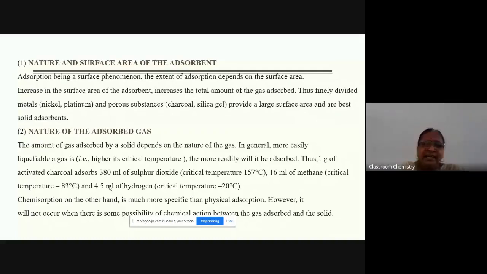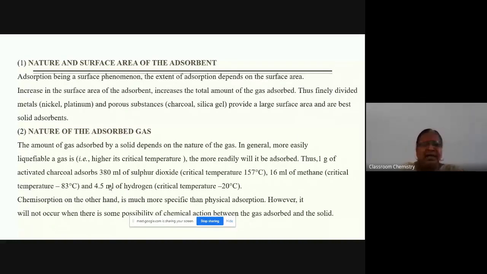The more readily the gas is adsorbed, the higher its critical temperature. In general, more easily liquefiable gases are adsorbed easily.